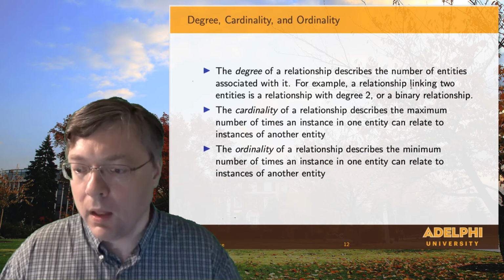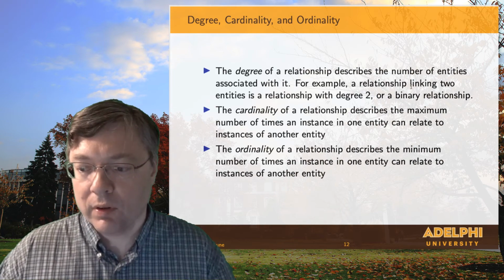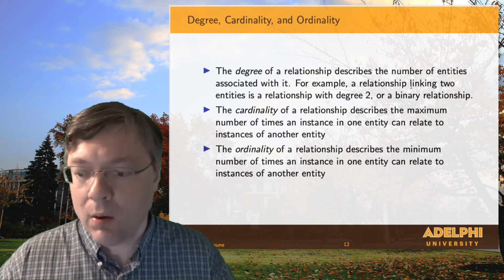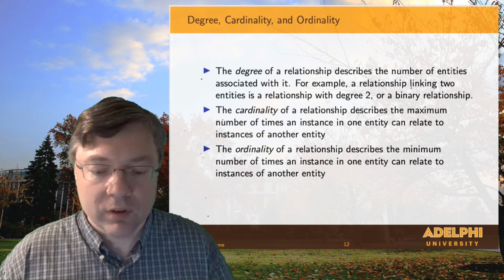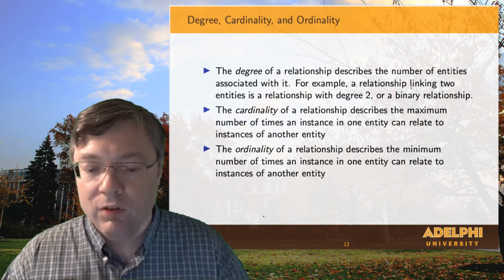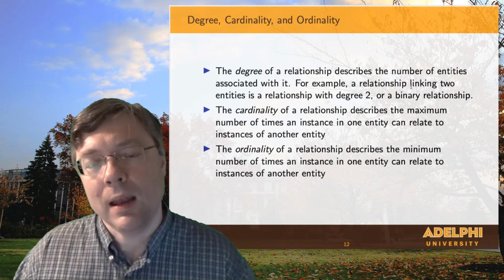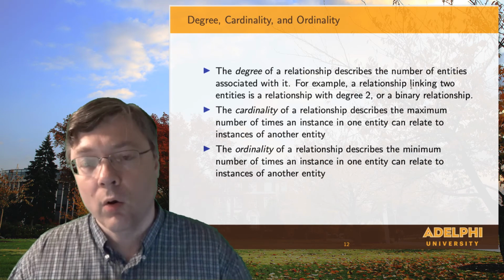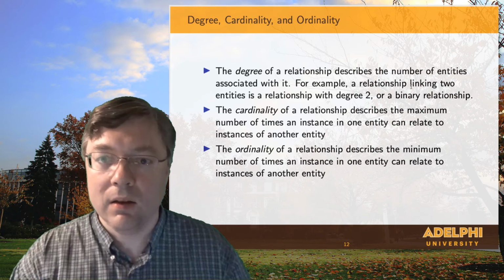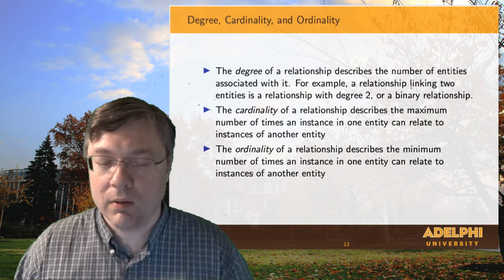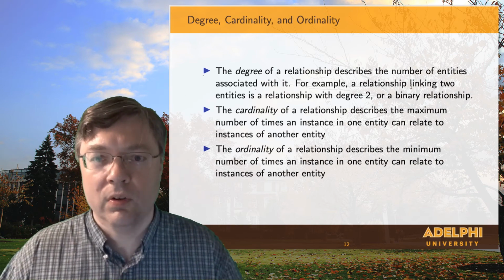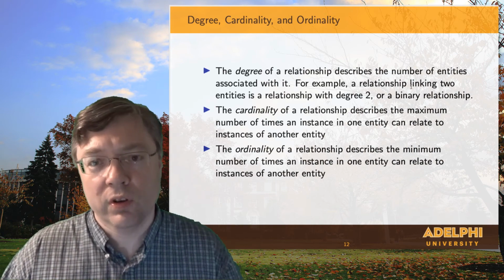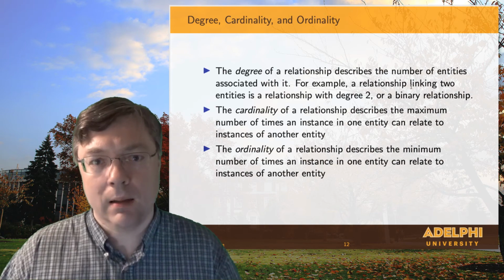We'll deal with them. The cardinality of the relationship describes how often an instance of one entity can happen. So for example, I might say a student can take many courses, or a course can be taken by many students. That's a many-to-many relationship. We are not terribly smart as we are computer scientists, so our counting goes 0, 1, many.